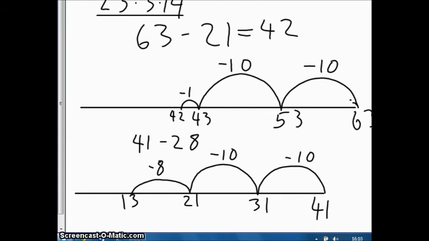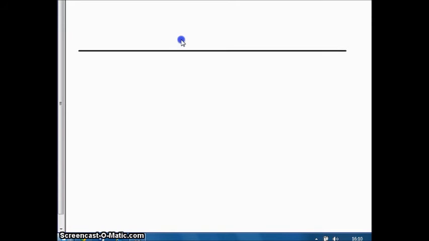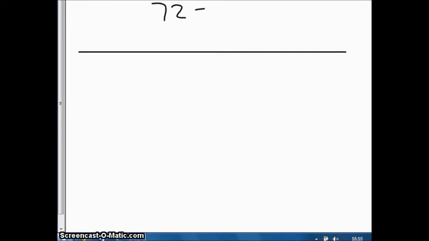And the last method we've used so far in the work is the addition number line for subtracting, which might sound very strange, but hopefully it will make sense in just a second. If my question is 72 take away 41, let's say first 41. I'm going to start here at 41.